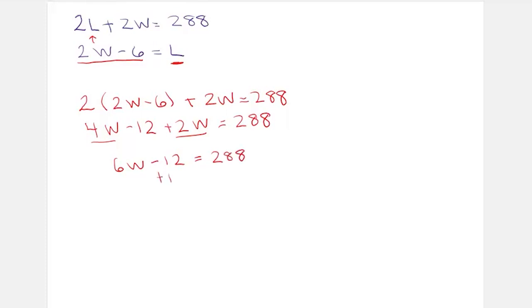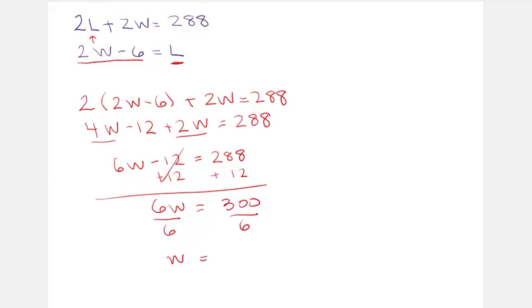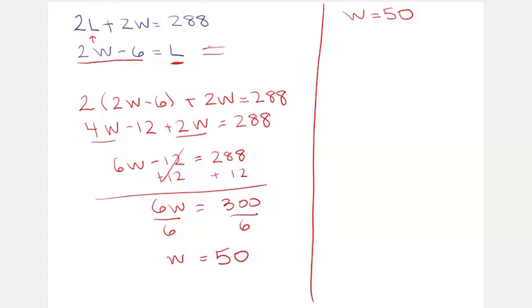I add 12 to both sides. These cancel, and I get 6W equals 300. Divide both sides by 6, and I now know that W equals 50. And if W is equal to 50, I know L, because L equals 2 times W minus 6.